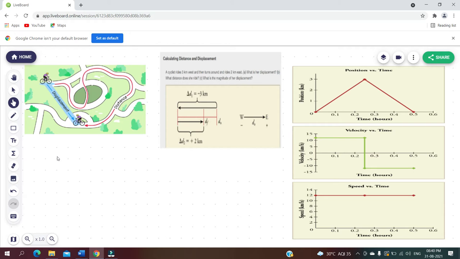So now I have taken one example where I have to find the distance and displacement covered by the object.